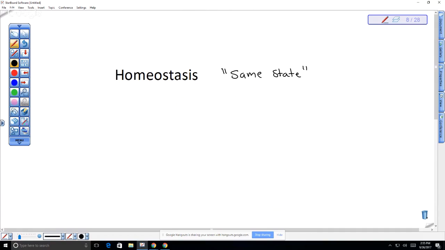So this is the idea that we have to regulate our internal environment and keep it relatively stable. So this is the internal regulation, or the regulation of the internal environment.